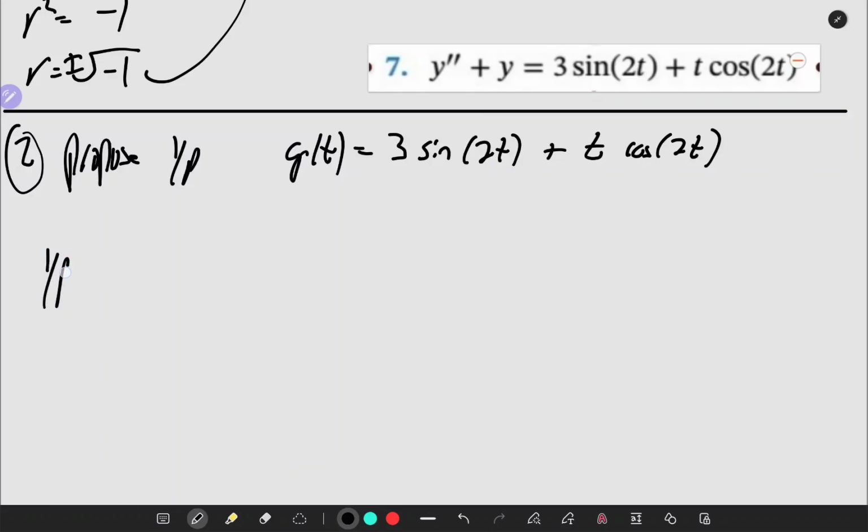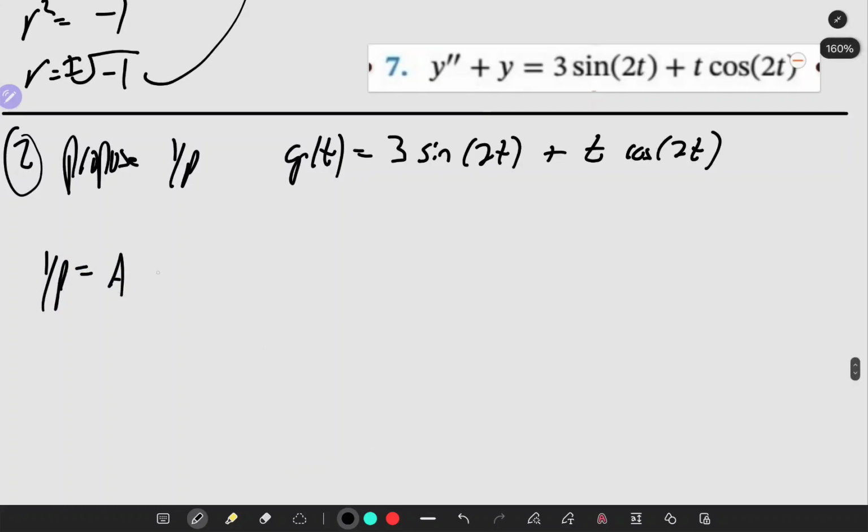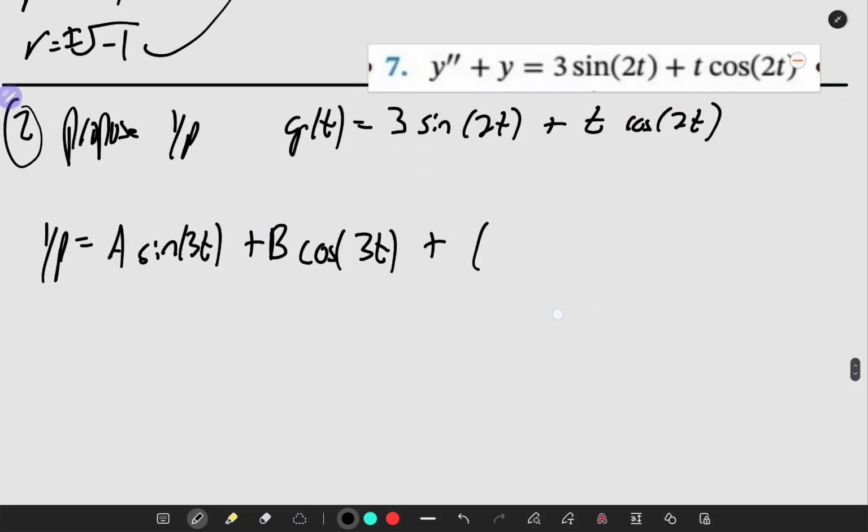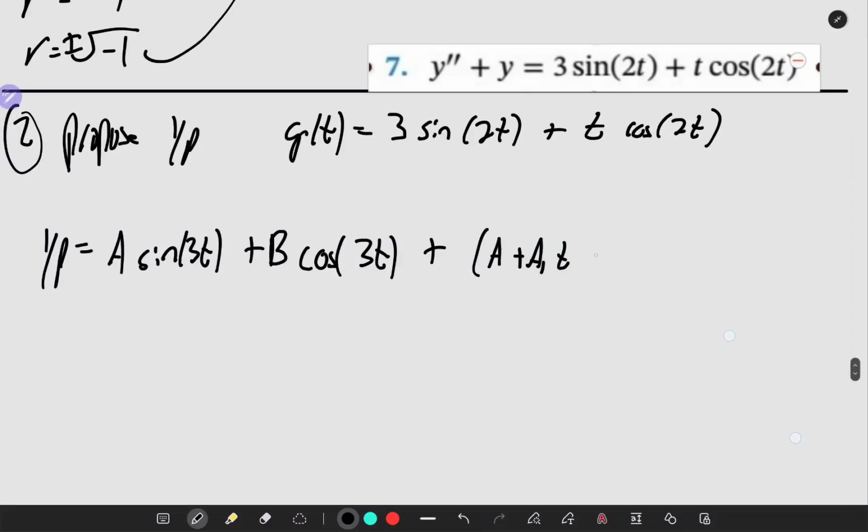So let's propose our y sub p. So we have a sine, so we have a sine of 3t plus b, cosine has to go with the sine, cosine of 3t, plus, oh, this one is a bit longer, plus a first degree polynomial, right? That's what t corresponds to. So it's a plus a1 of t times, oh, sorry, we are not on a, we are on c.